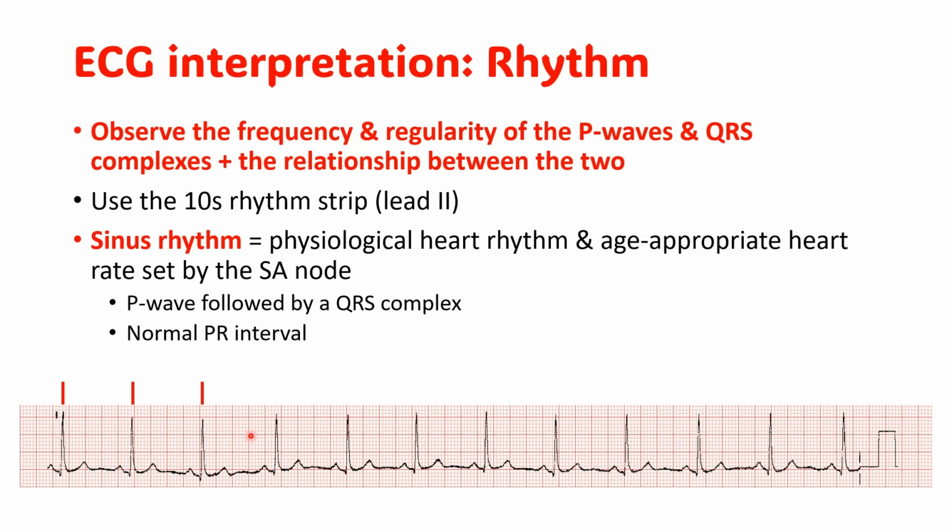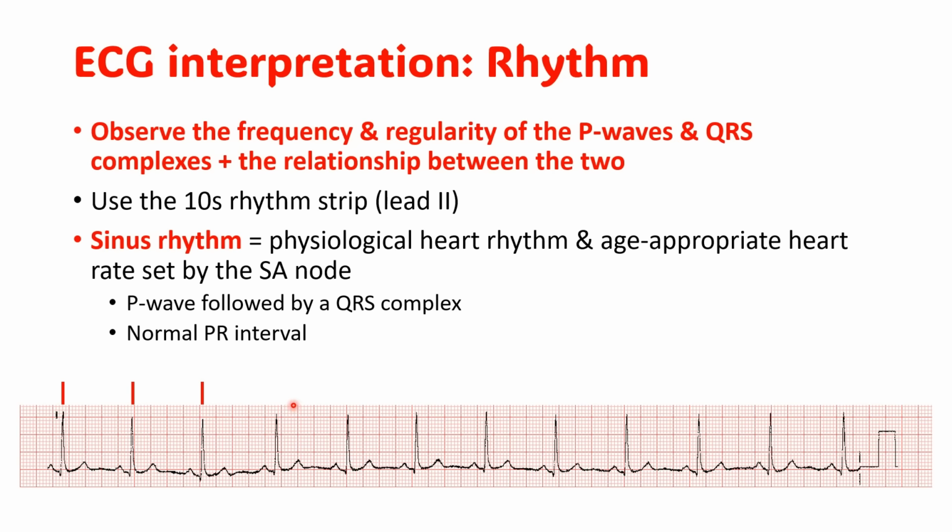Essentially, you can move these red lines along the rhythm strip to line up with the R waves, the tip of the QRS complex, to determine if there is an irregularity to the rhythm.